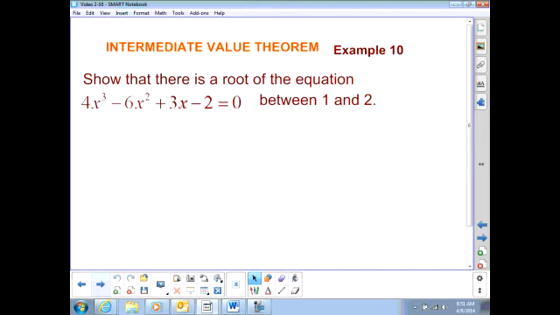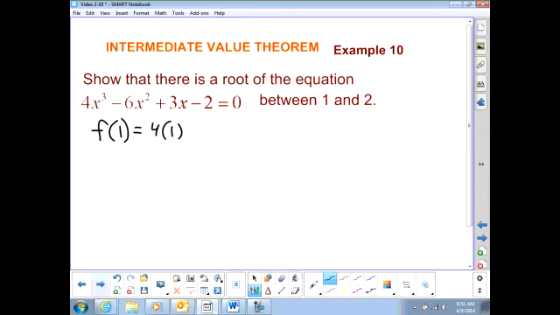Now, an important application of this theorem is when finding roots. We're going to show with the intermediate value theorem that there is a root between 1 and 2. What we'll do is we'll first plug in 1, so we'll find f of 1.